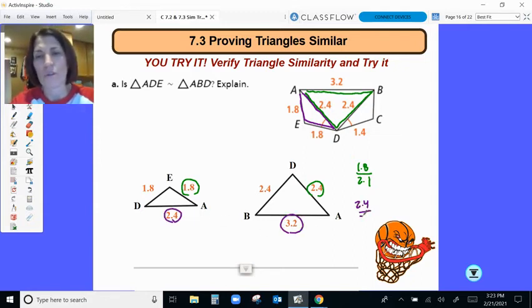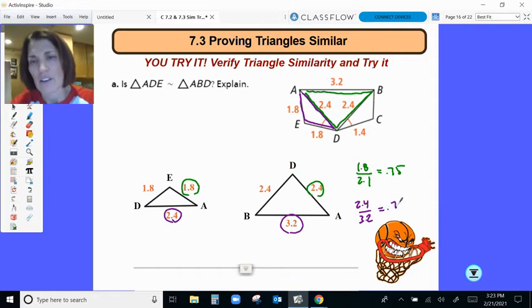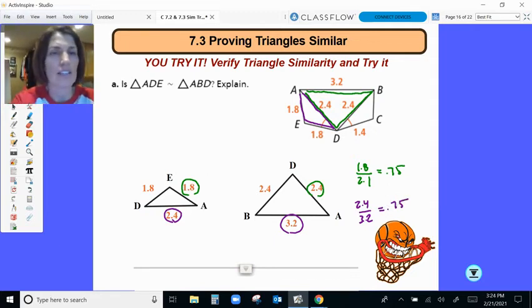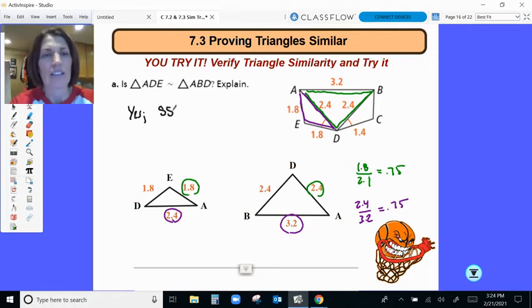First of all, 1.8 over 2.4 is 0.75. And 2.4 divided by 3.2 is also 0.75. This other one is the same one, so we don't need to calculate it again. So yes, it is similar, and that is because we have side-side-side similarity.